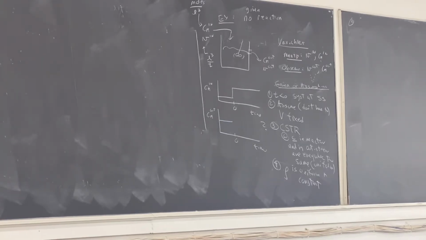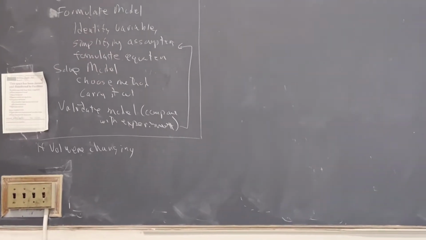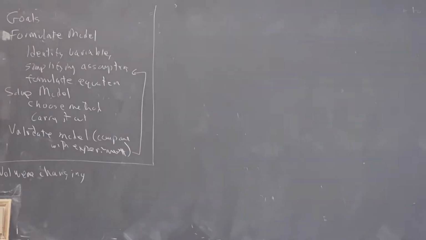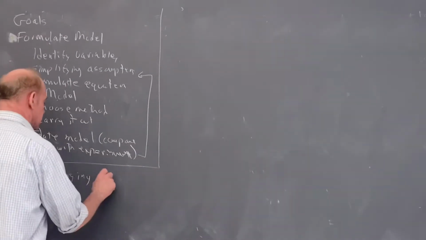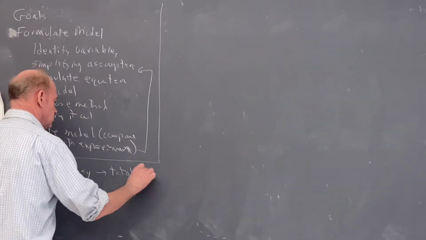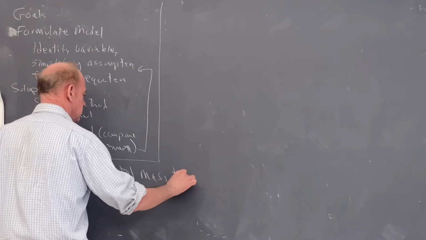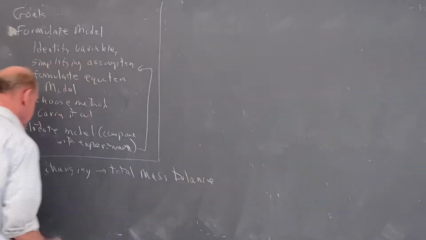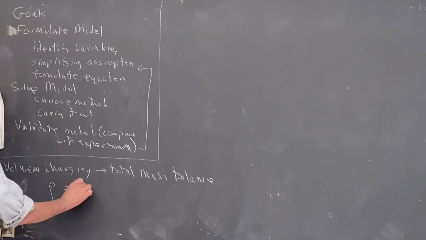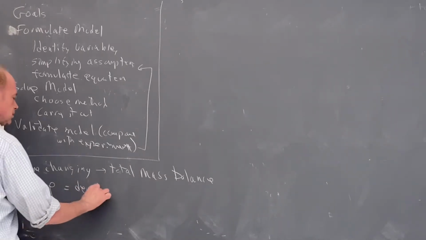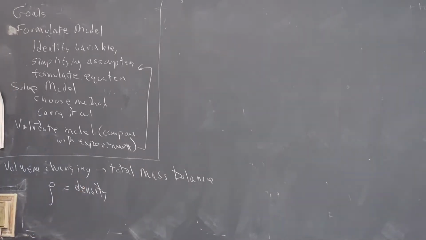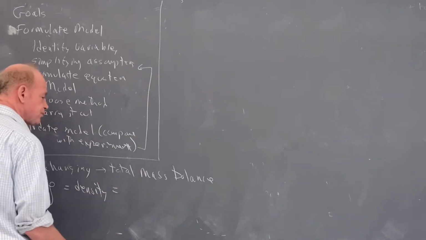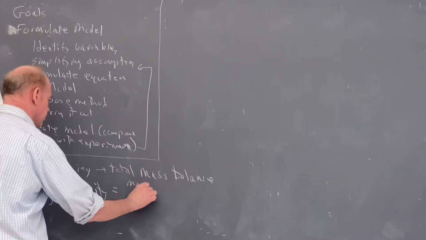If the volume were changing, then I would need to do a mass balance on the total mass. I would need a total mass balance. So let's let rho be the density in units of mass per unit volume, or length cubed.